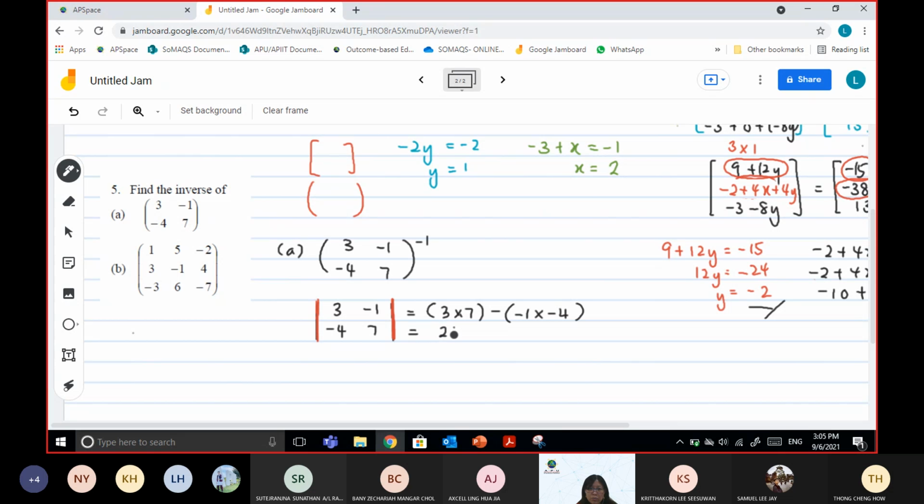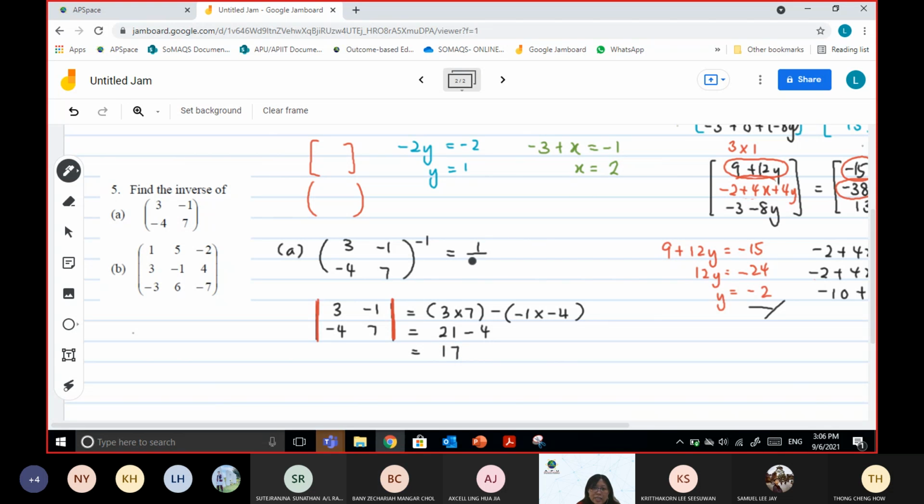So that means 21 plus 4, which is 25. Miss, I think it's minus in the bracket. Oh yeah, in the brackets it is already positive. Okay, -4, so 17.